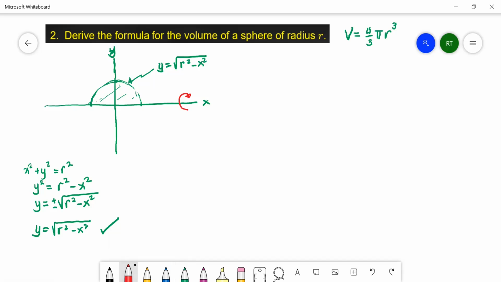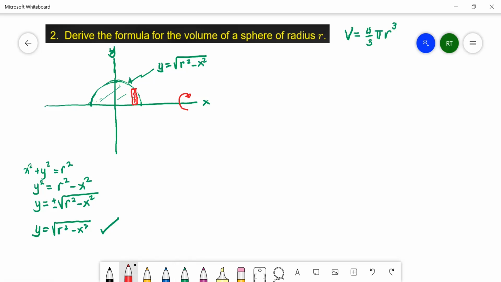And since we will use the disk method, the element must be perpendicular to the x-axis. So the element must be a vertical element. So just draw the vertical element anywhere on the region R.